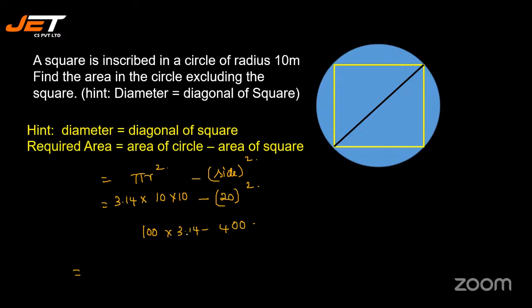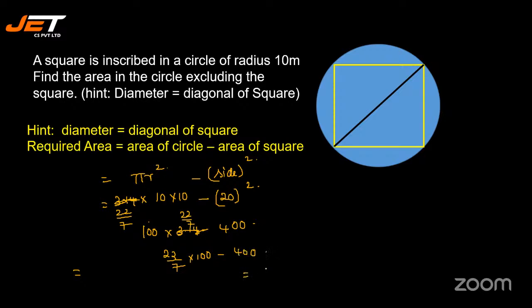Okay. Now let us take pi as 22 by 7. I think that would be better, isn't it? Otherwise, we are not. Okay, so we'll take it as 22 by 7. So 22 by 7 into 100 minus 400.